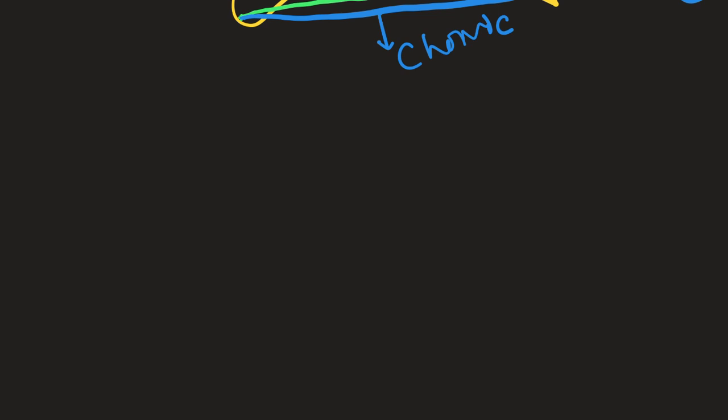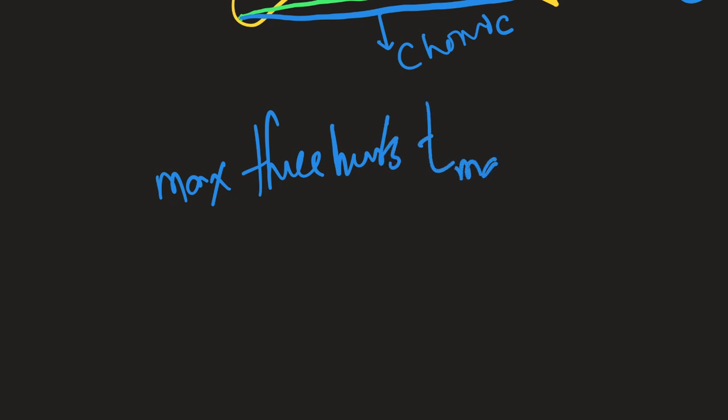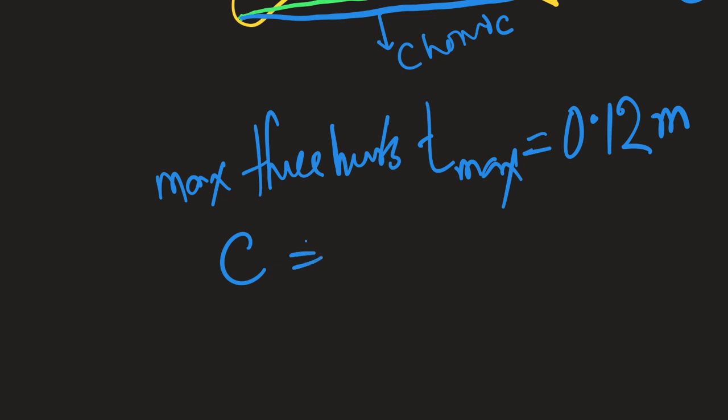Let's say maximum thickness T max is equal to 0.12 meter. That means this one is 0.12 meter. Chord C, the chord length, is 1 meter.